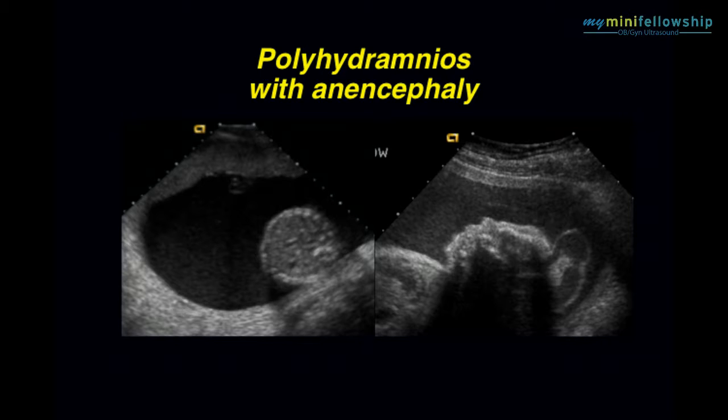If the mother undergoes that testing, it will be almost certain that it will come back with an elevated level and will be discovered on subsequent sonography. But here we have an anencephaly case that got missed and presented late, and of course does have polyhydramnios.